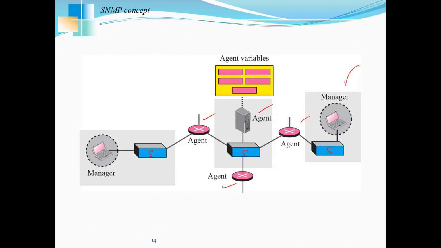Then you have a manager over here, but you can have another manager over here, and as long as they share the password and everything, they can monitor the network, because you might have sysadmin 1 and sysadmin 2, and they both want to take a look at the data. And then you have the agent variables defined in the MIB that can actually be queried. That's really it. It's not much more complex than this.